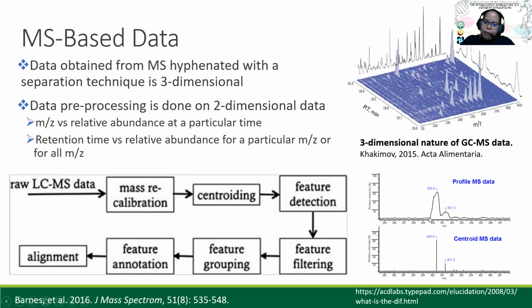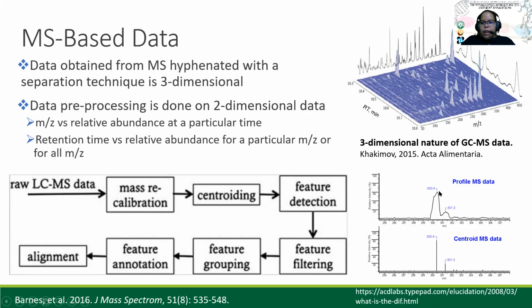So at very small intervals of MZ, you will get a signal. It's a continuous scan. But this will generate a lot of data. So the data file you generate will be too large if you scan across the MZ.